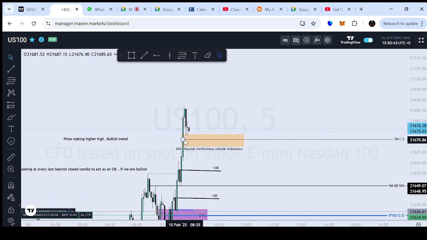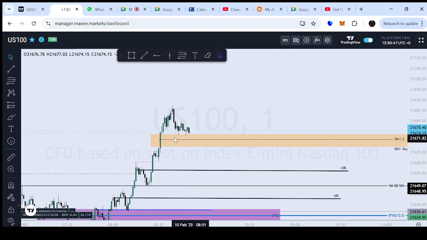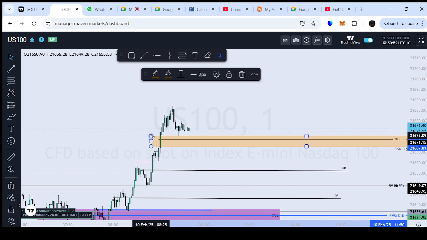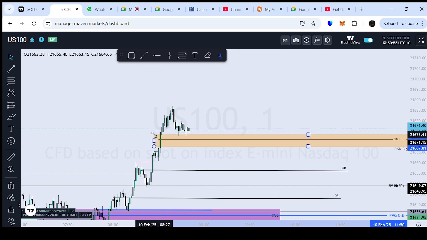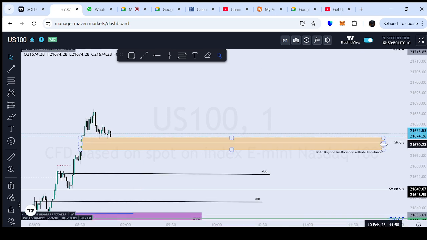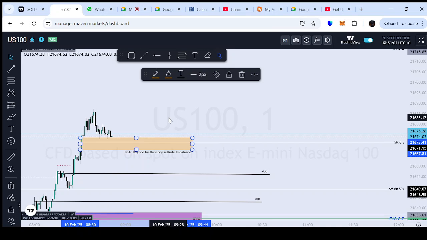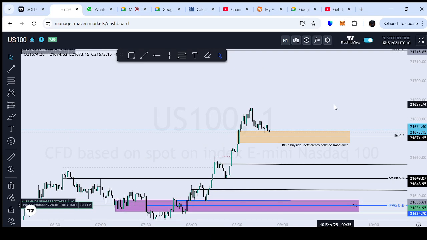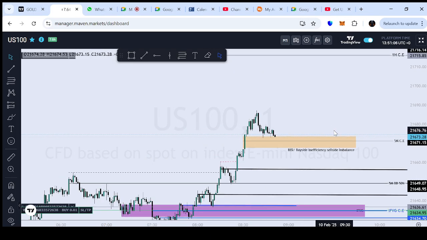The line there is the 5 minutes consequent encroachment, while the yellow bars are the 1 minute fair value gap. You can see the different price action in different time frames. But you just have to have a narrative of what you are doing and where price is going, so you can anticipate price and make money in each movement.